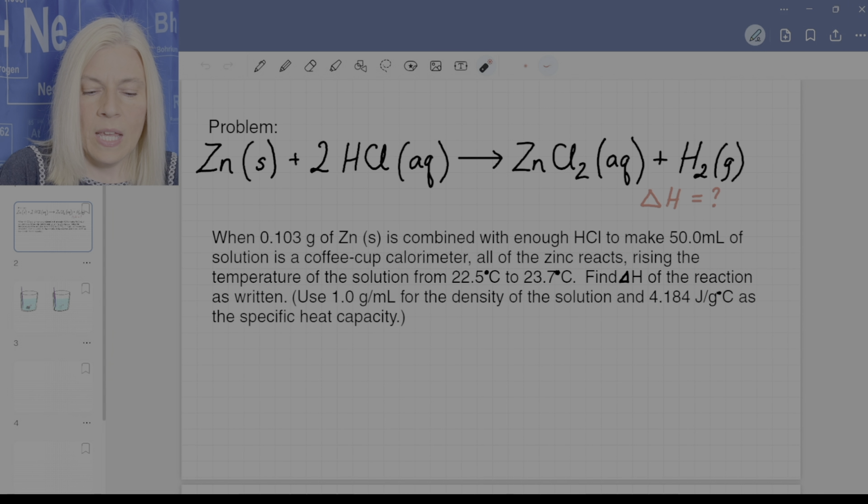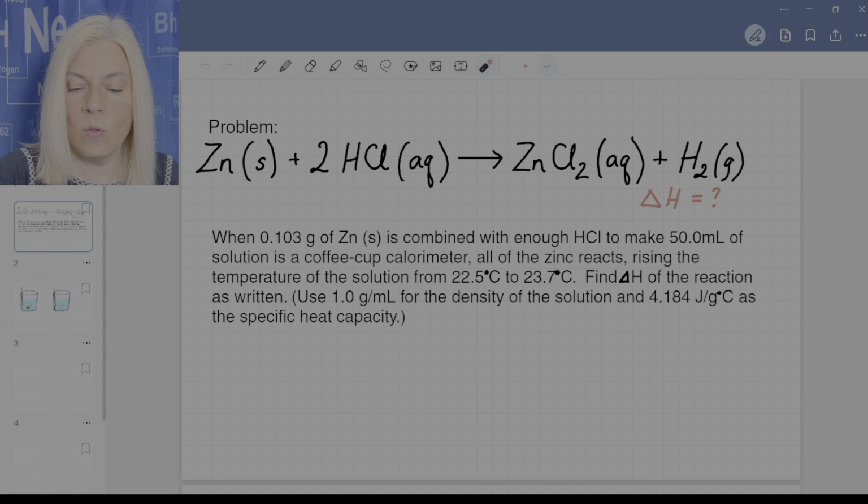So let's go. We have 0.103 grams of zinc, and we're going to plunge it into enough hydrochloric acid to make 50 milliliters of solution in a coffee cup calorimeter. All of the zinc reacts and it raises the temperature of the solution from 22.5 degrees C to 23.7. We want to find the enthalpy, which is heat at constant pressure, of this reaction as it's written.